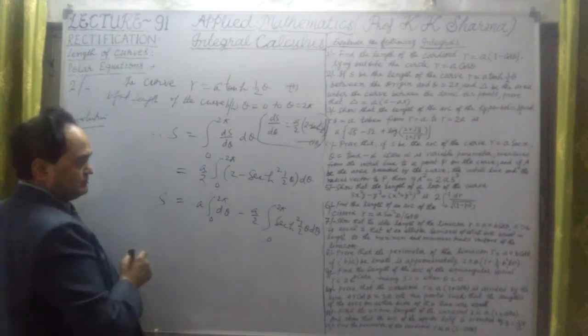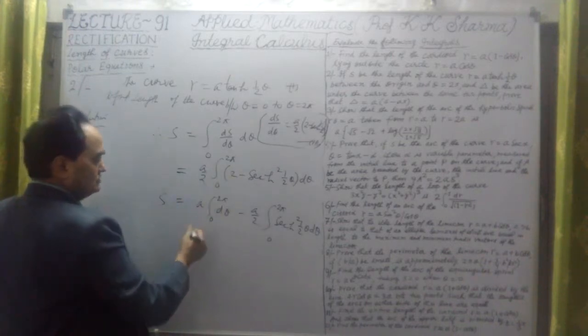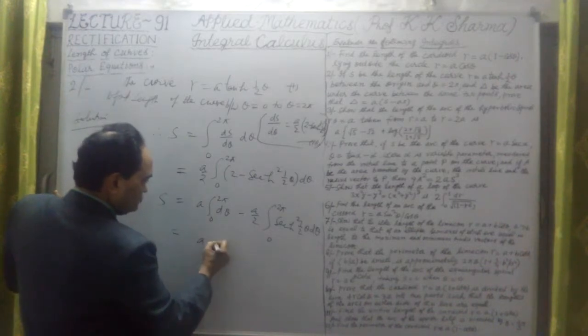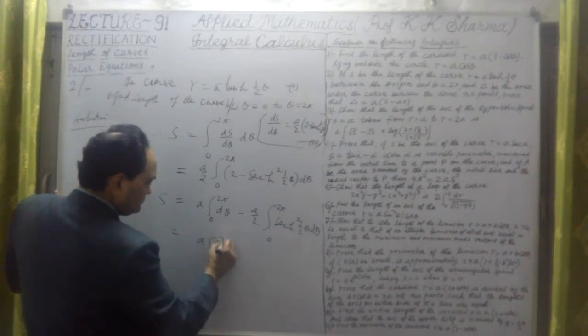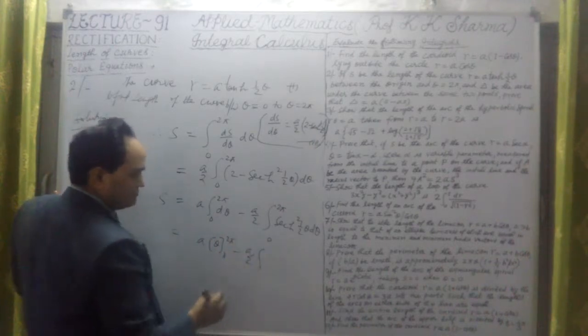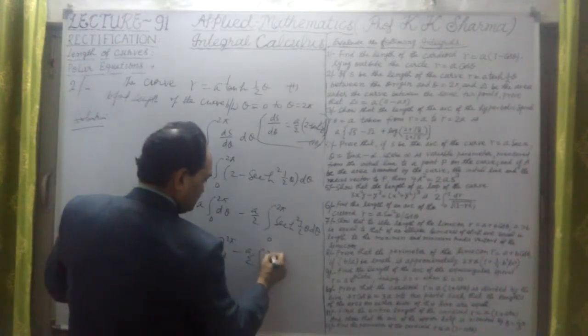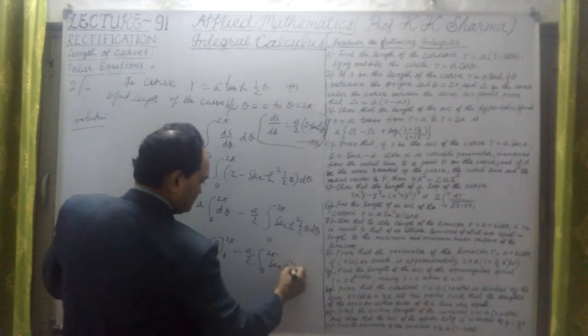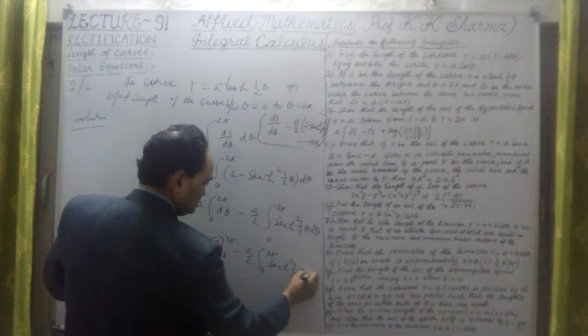They are separated. This 2 cancels out, this d theta. If I just resolve it, it's nothing but a into theta, limits 0 to 2 pi. This is minus, I'm not solving it, 0 to 2 pi, this is sech square 1.2 theta into d theta.